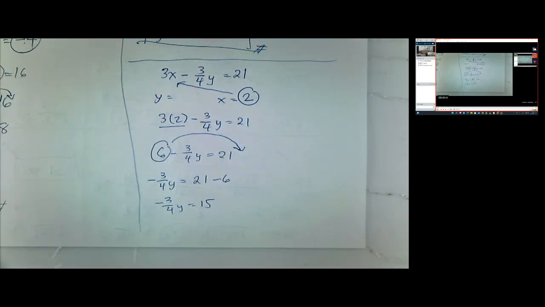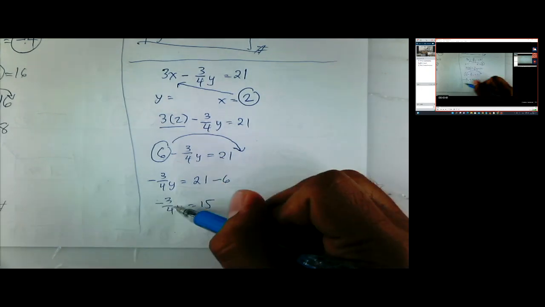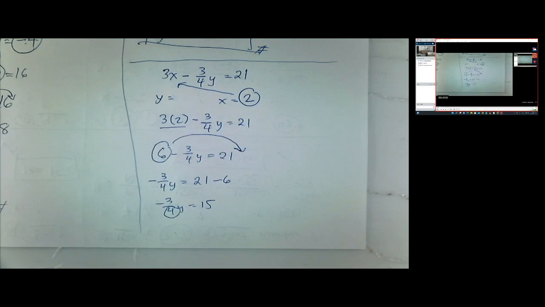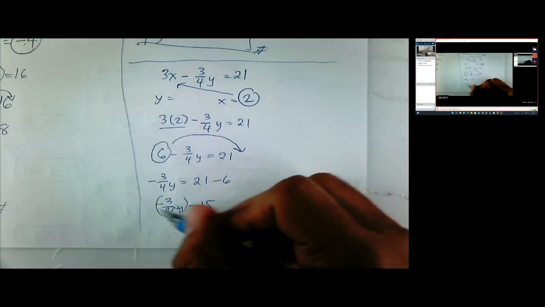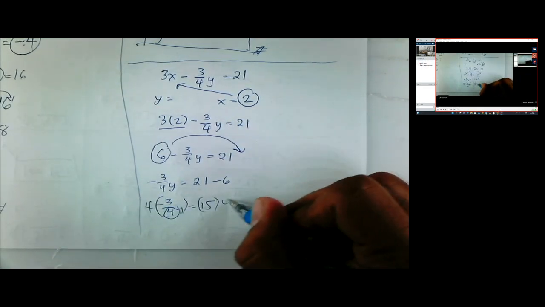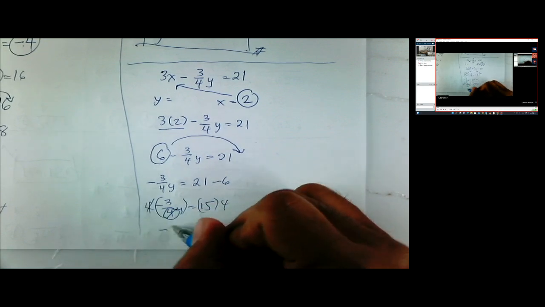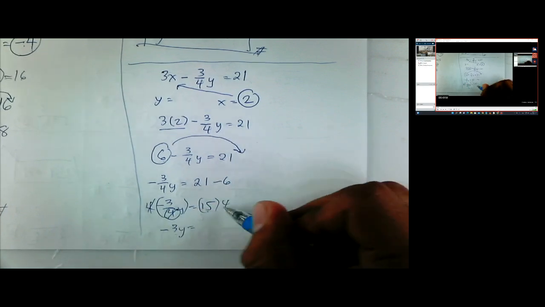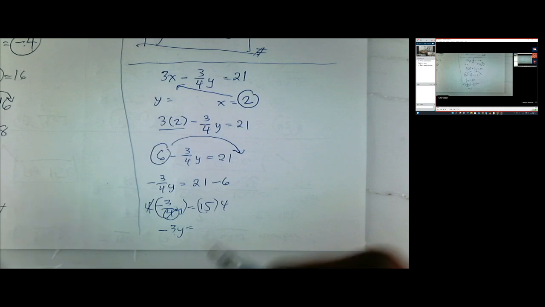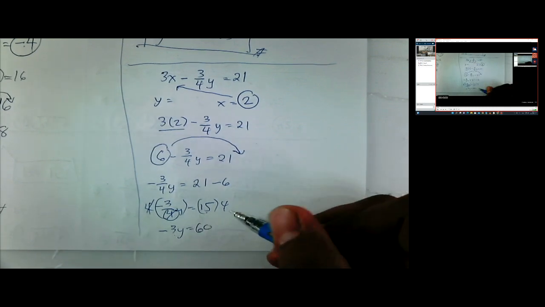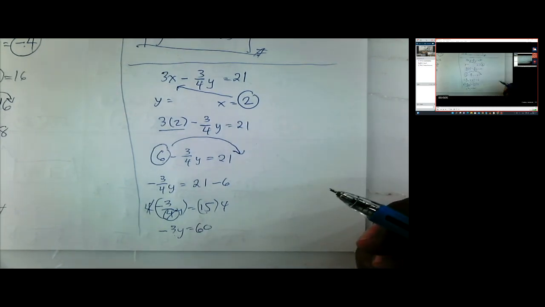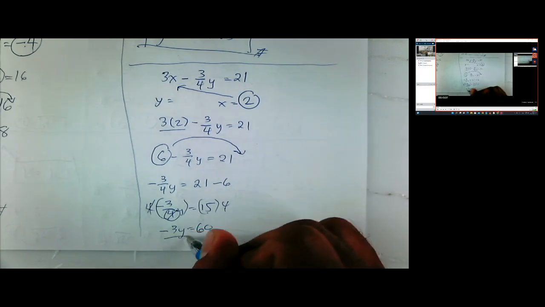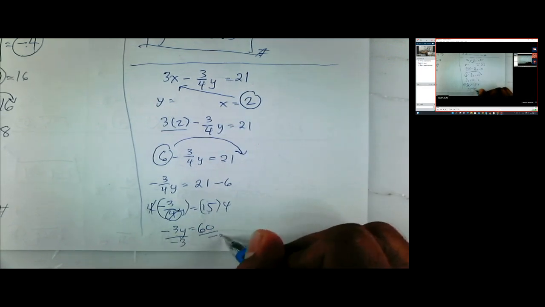Again, there are ways to solve fractions. But what I told you, try to remove the denominator first. You can remove the denominator first by multiplying this by 4. So we will have here negative 3y is equal to 15 times 4 is 60. And since we're only going to solve for the value of y, divide by negative 3, negative 3.